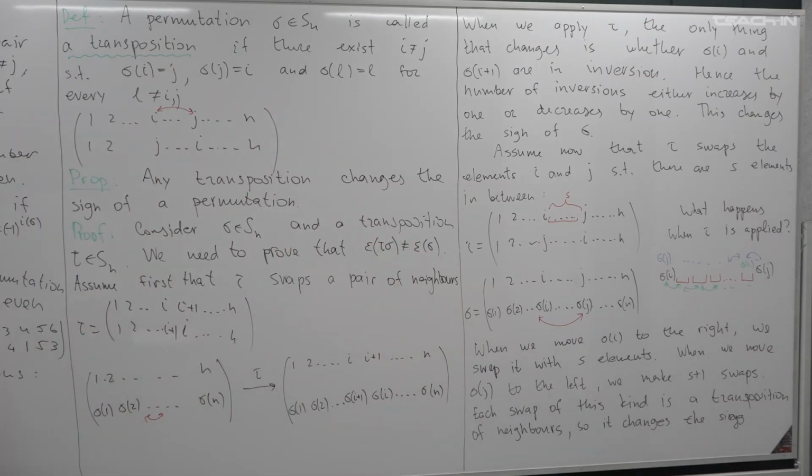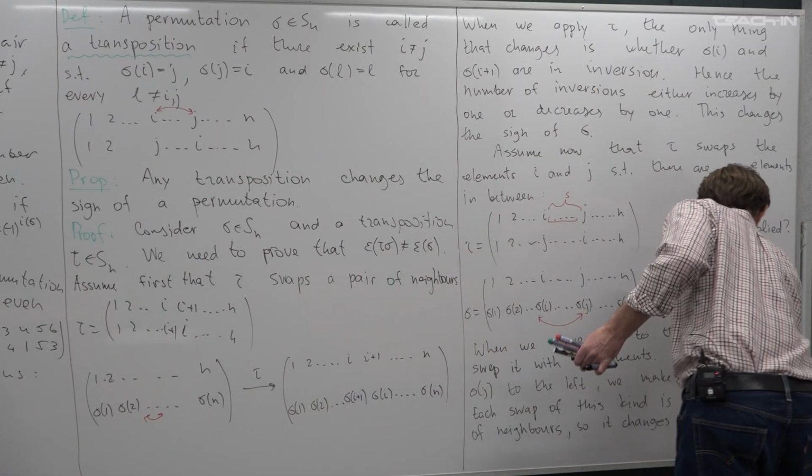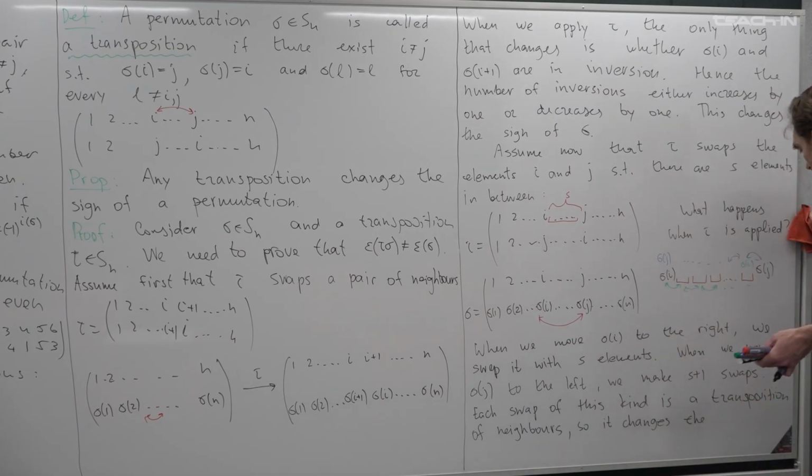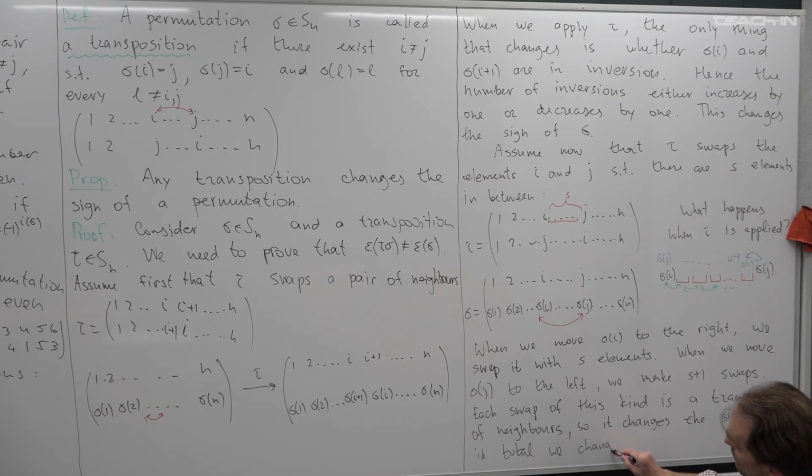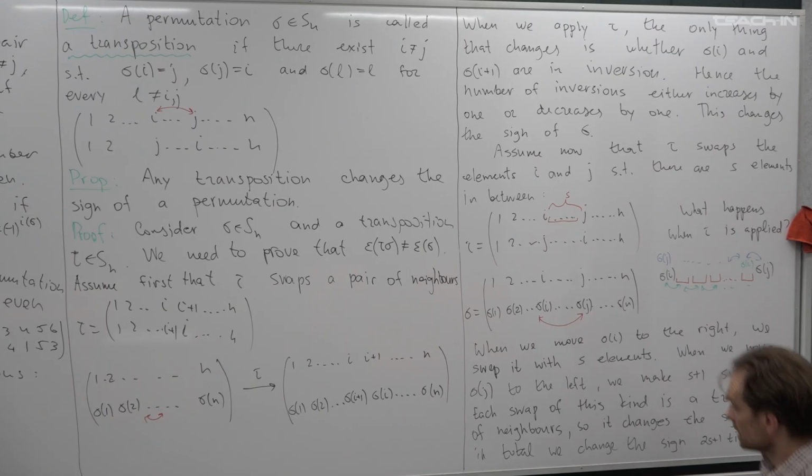And so we make S swaps when we go to the right, and then we make S plus 1 swaps when we go to the left. So hence, in total, we change the sign 2S plus 1 times. This means that the sign changes. So this proves our proposition.